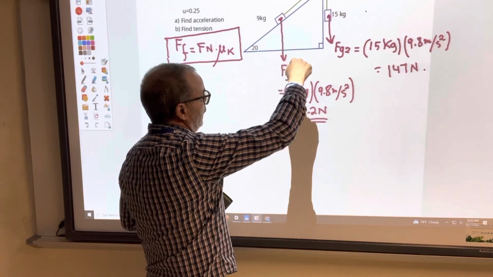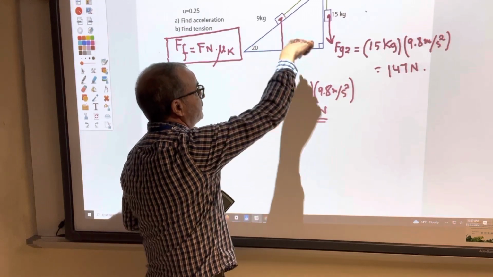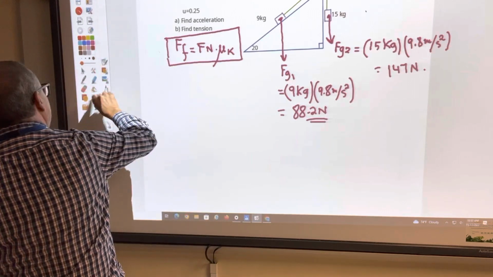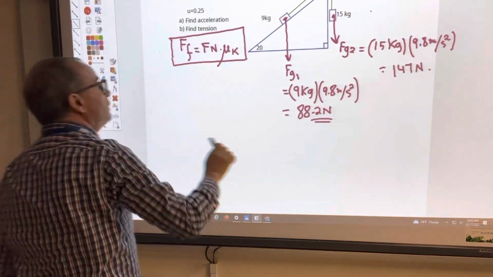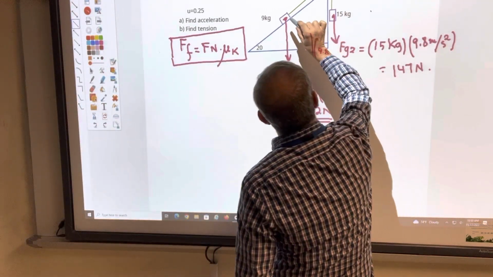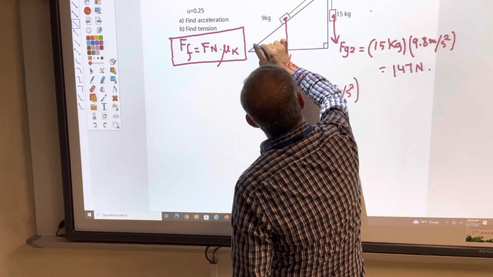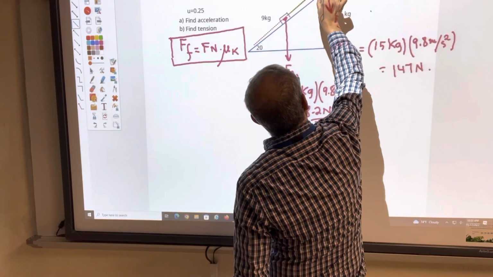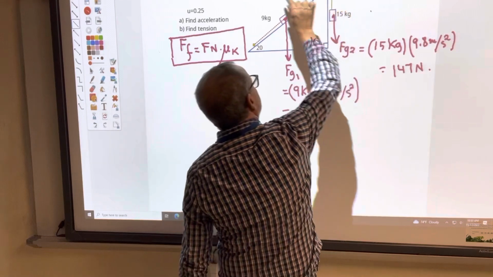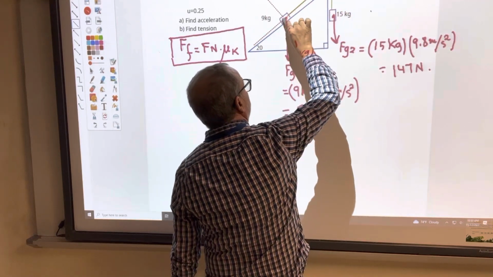Now, the next thing we're going to do is split the mg into two components, the x and y components, because my xy coordinate will be in this direction, since the block is going to be traveling.